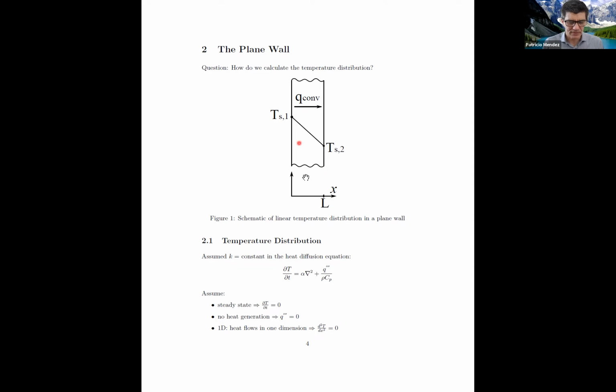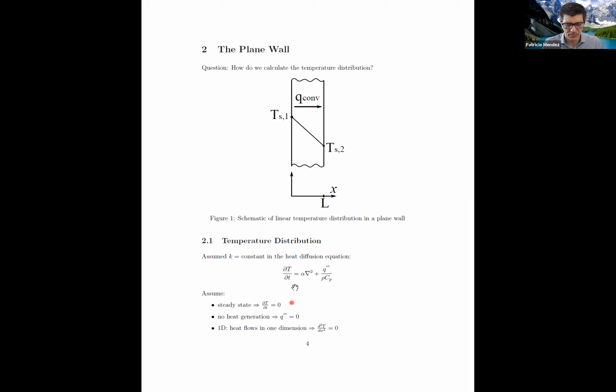This equation came from doing a control volume with a differential thickness in the direction of x, and this is the transient term. This is the conduction, and I see there's a typo here. I didn't see it before. We're missing a T. This is the Laplacian of temperature. I'm sorry about that. And this is the heat generation term. You know how to derive this equation. If you don't know it right now, you'll know it in 2 weeks for the quiz.